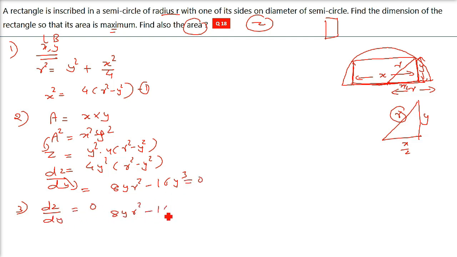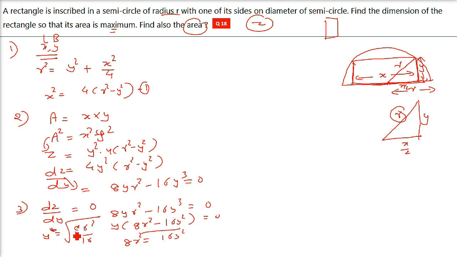So 8y r square minus 16y cube is equal to 0. That means y into 8r square minus 16y square equals 0. y cannot be 0, so 8r square has to be equal to 16y square. From here we get y square is equal to 8r square by 16. So 8 to the 16 it goes. It's simply r by root 2.